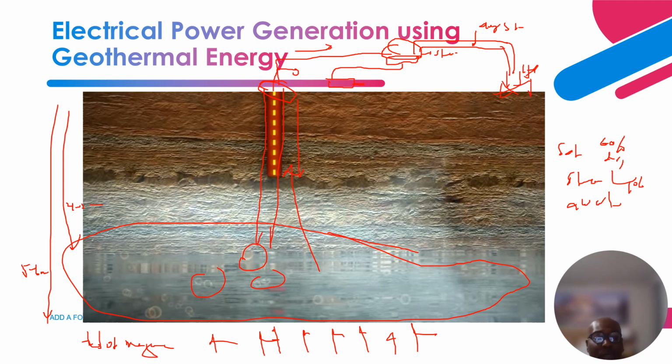Then the low pressure steam also goes into the low pressure section of the turbine. You have the turbine integrated to the generator. As the steam impinges upon the turbine plates, it starts rotating and generating electrical energy by converting mechanical energy to electrical energy.